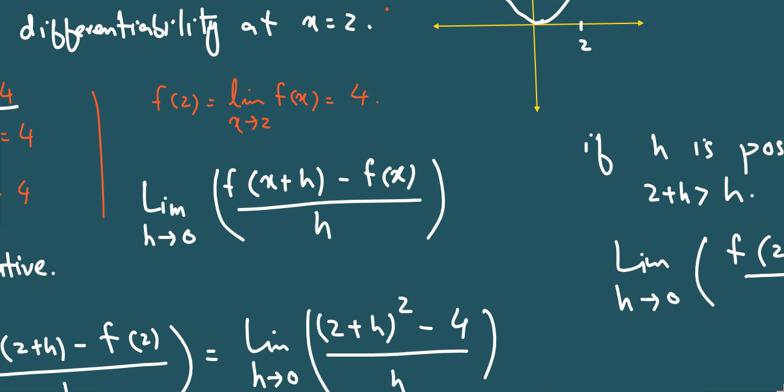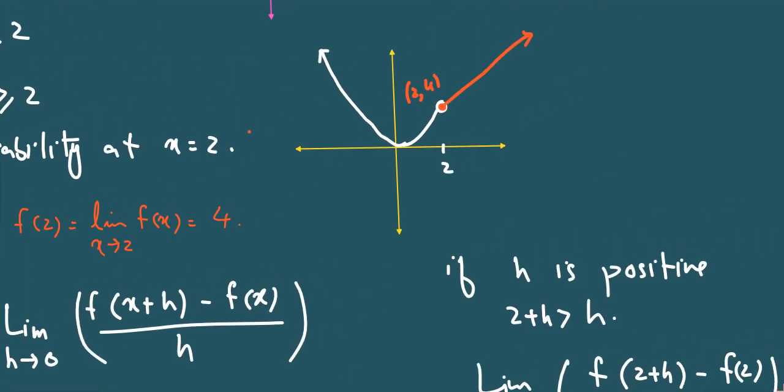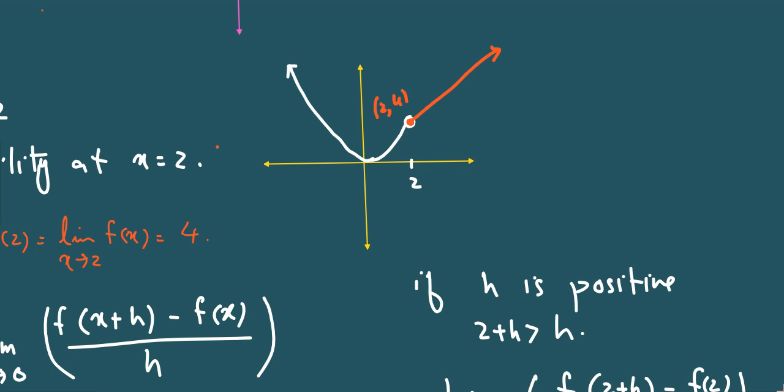Now, if you are given a graph, why did I make that graph? There was a reason. If you are given a curve or a graph, and with the help of the graph you have to check whether the function is differentiable at a point or not, this is a very important point. If you just look at the point 2, 4, at 2, 4 the function is making a corner.